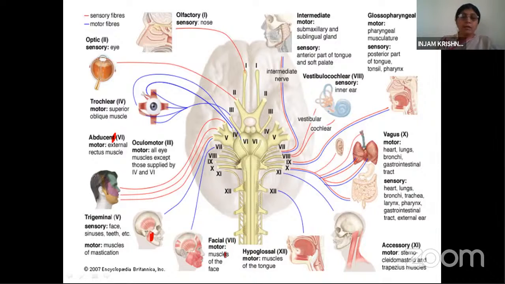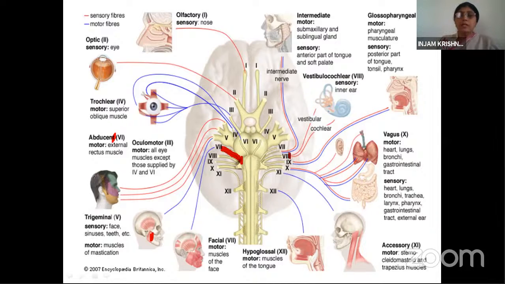Some nerves arise from the muscles of the face and reach the brainstem. Here, it is the medulla. Sorry, it is the pons also, actually in between the pons and medulla. This is about the seventh one. Next, the eighth, vestibular.